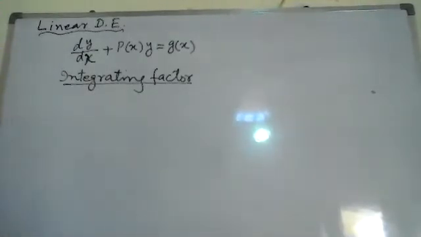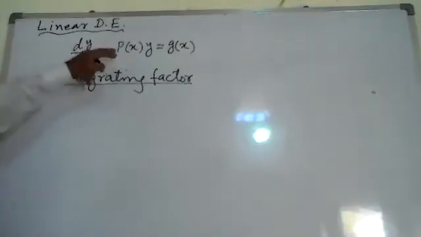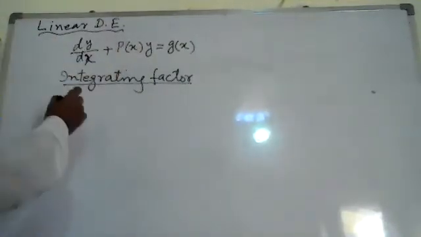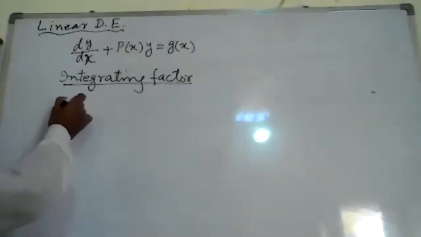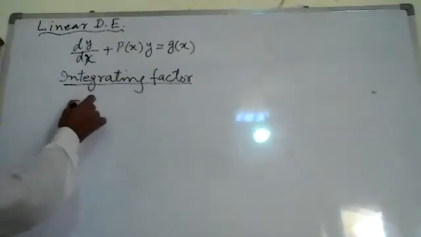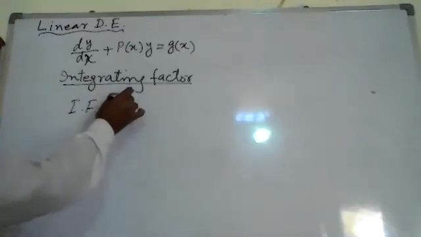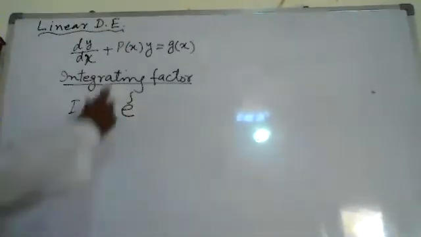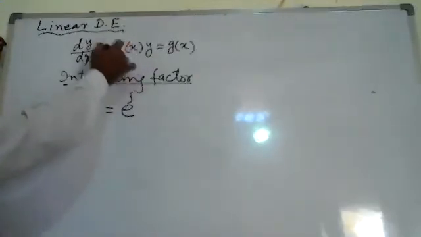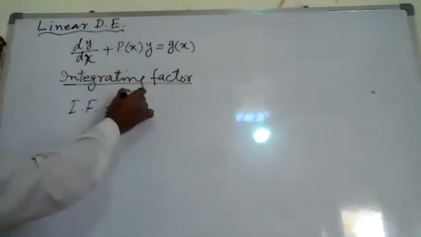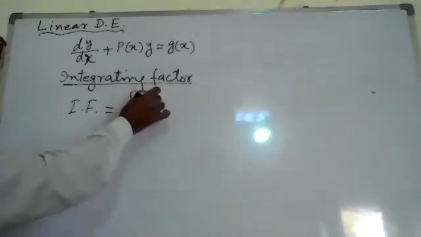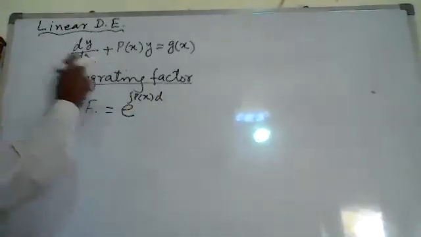How to find the integrating factor? We will take the coefficient of y, and the integrating factor is equal to e raised to the power integral of the coefficient of y, integrated with respect to x.